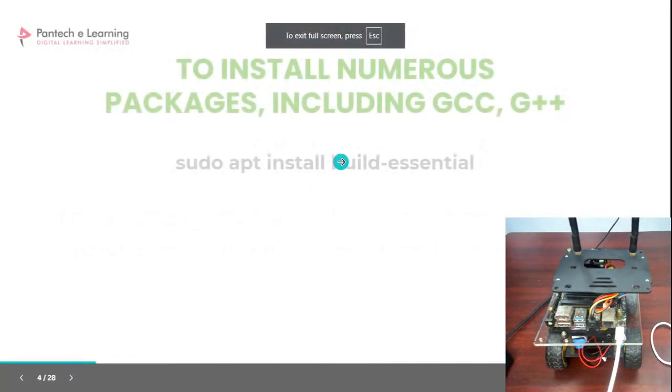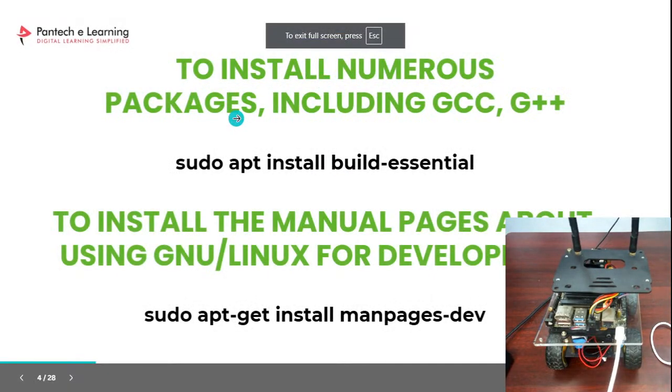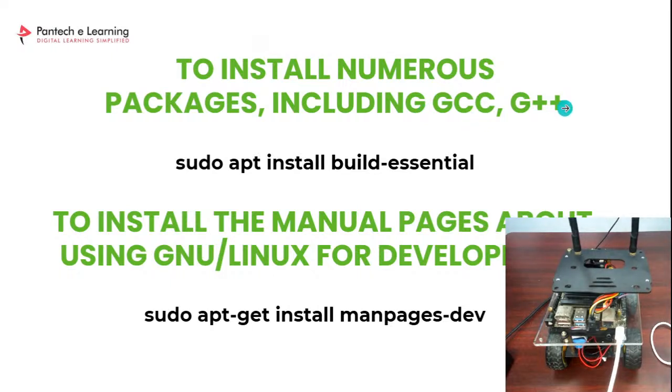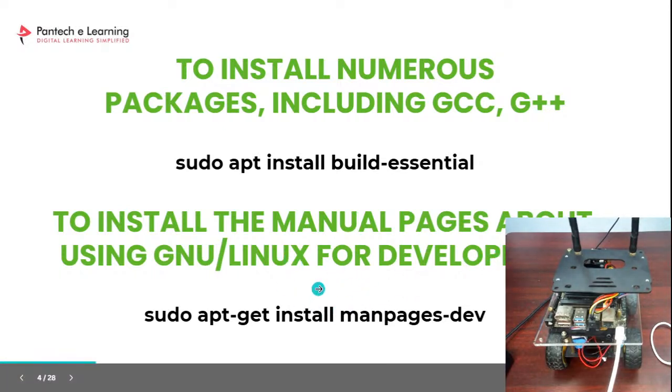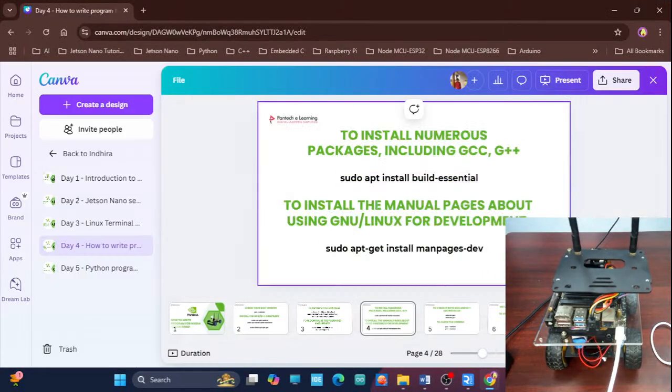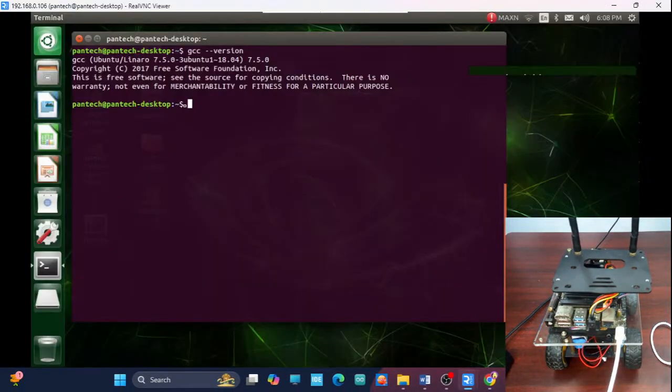To install numerous packages including GCC and G++, you can go for sudo apt install build-essential. And then to install the manual pages about using GNU or Linux for development, you have to go for this particular command. So let me do it. Let us do it in the terminal itself.